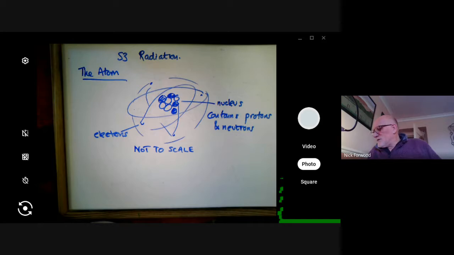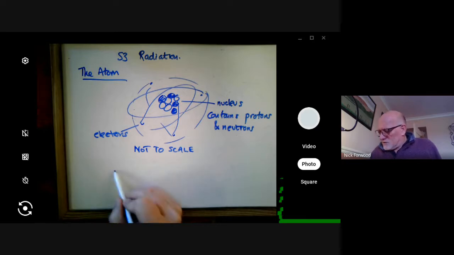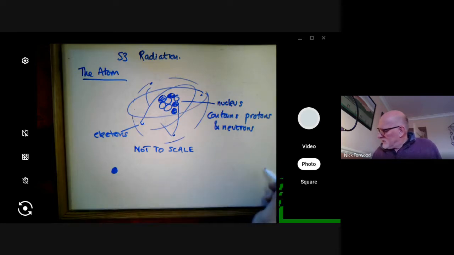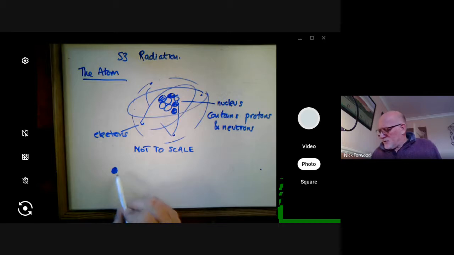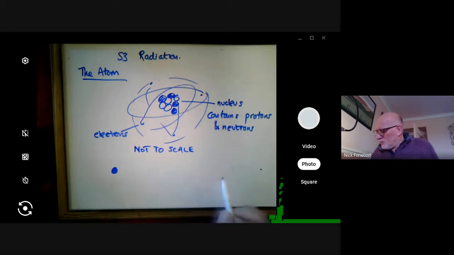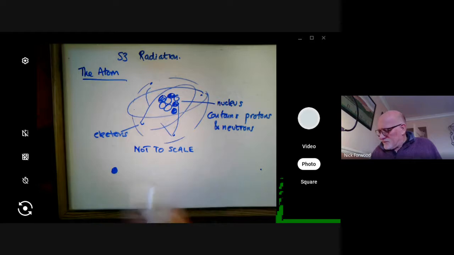And to give you a comparison, if you took something like a golf ball and you put it on the school field, there's a golf ball at the end of the school field near the school, the first electron would be right up the end, at the other end of the school field. Now, you can't possibly draw that to shrink that in your book, so this isn't to scale either, but that would give you an idea of the field.